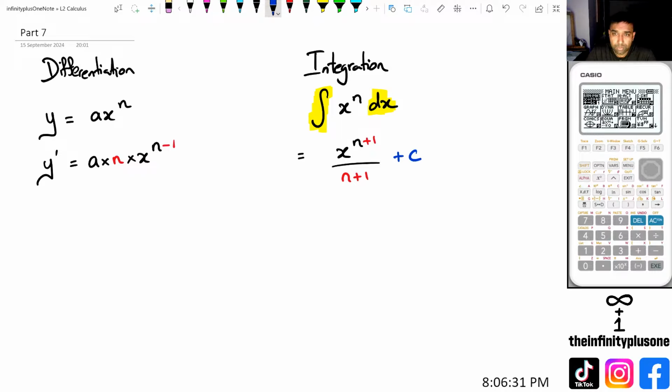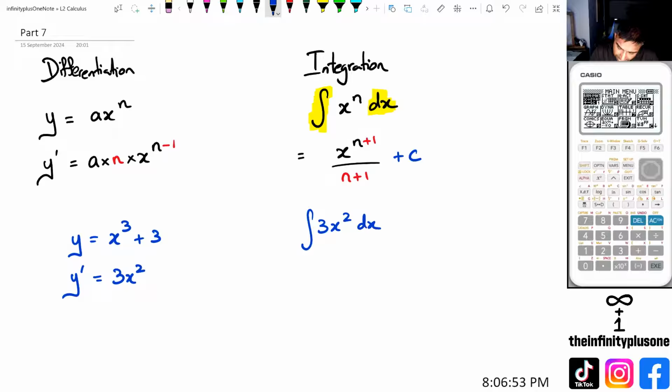The reason we have to put plus c is because I'm going to show you an example here. Let's say we have y equals x cubed plus 3. When we differentiate this, we get 3x squared. However, when we integrate 3x squared dx, we write this as 3x, add the power, which is 2 plus 1, and divide by 2 plus 1.